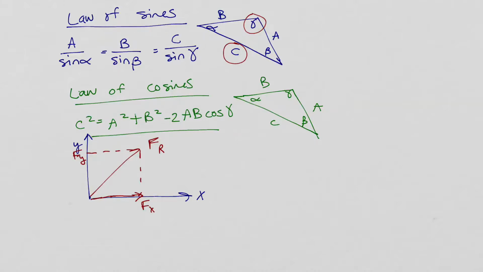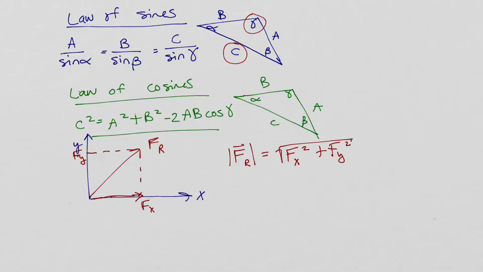To figure out that magnitude, the magnitude of F sub r is going to equal the square root of F of x squared plus F of y squared.